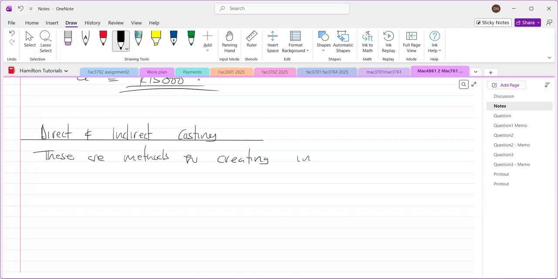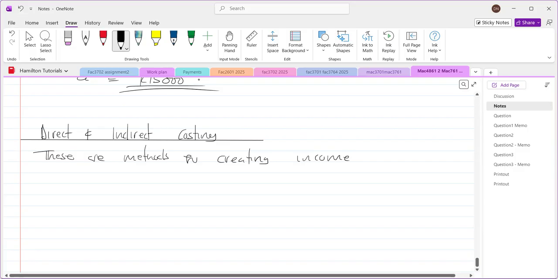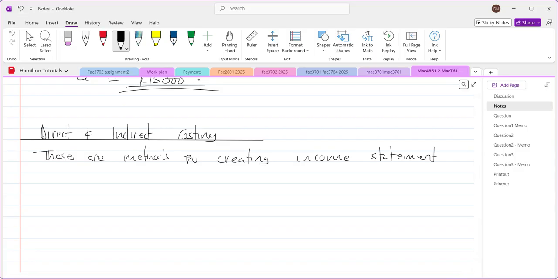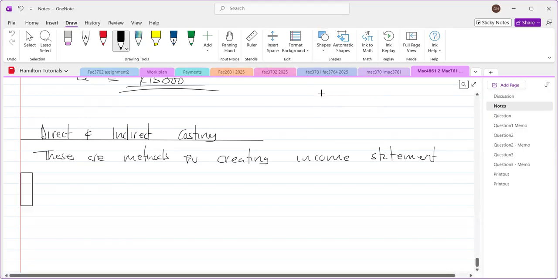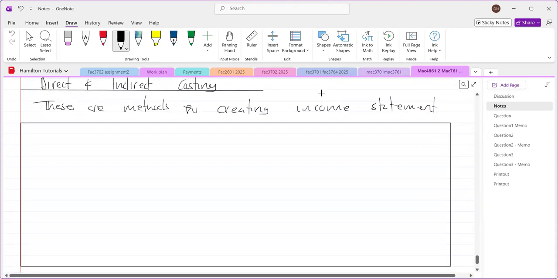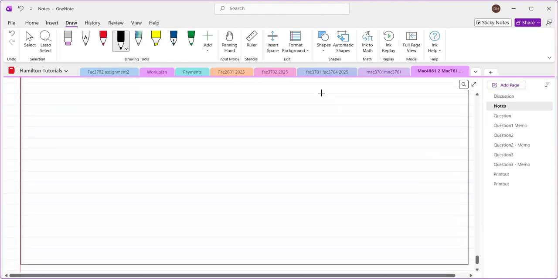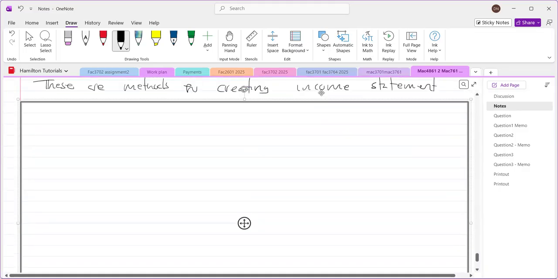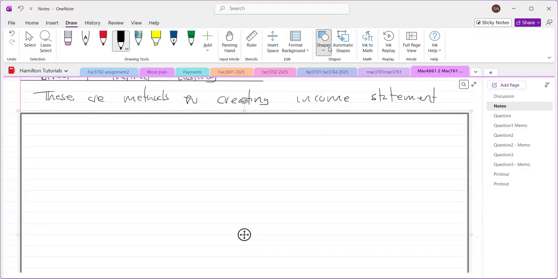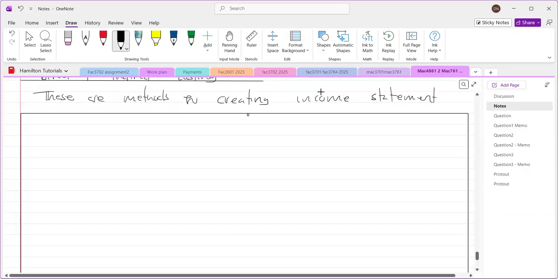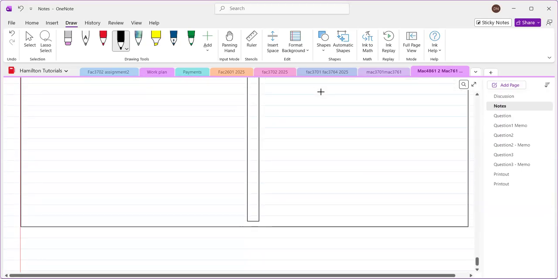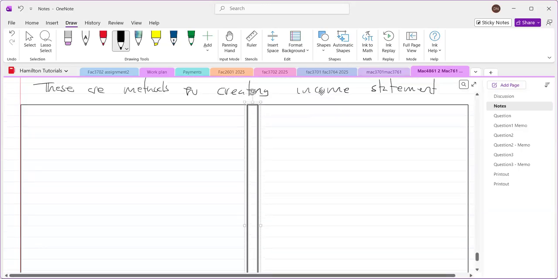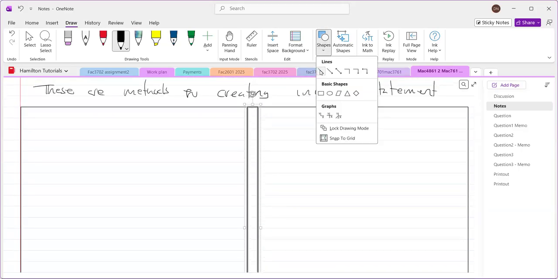So I'll just put them side by side here. So I have the direct and the indirect.